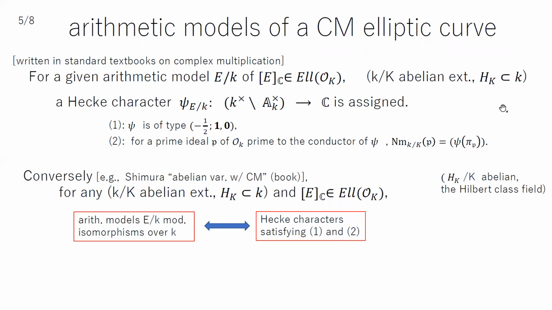So that can be regarded as the characterization of this field. And when our arithmetic model is given, what is called a Hecke character is assigned to that model.